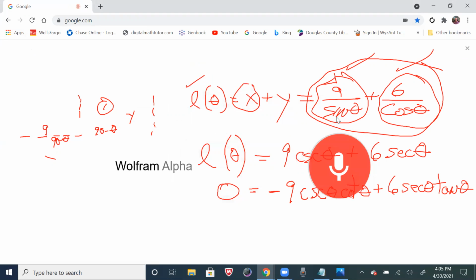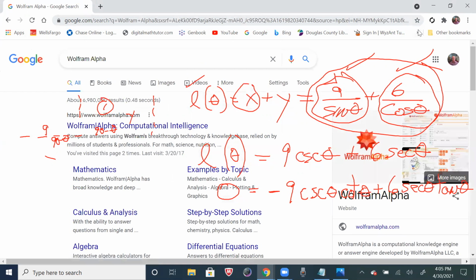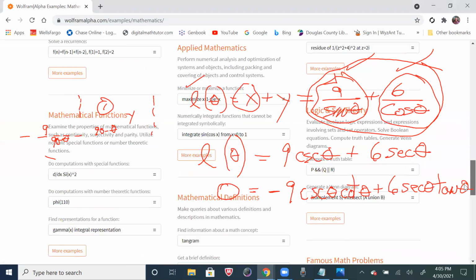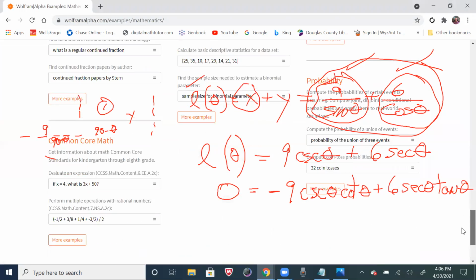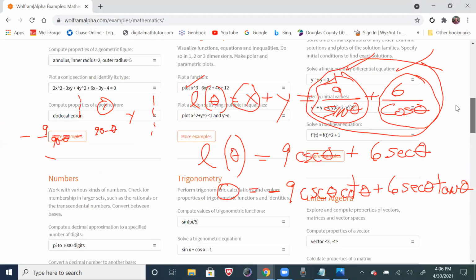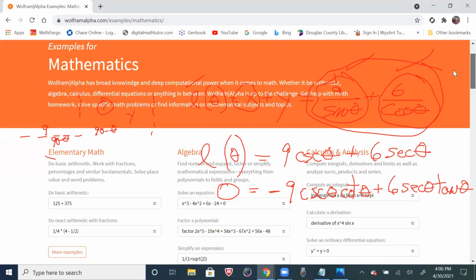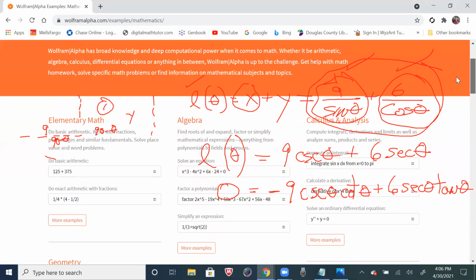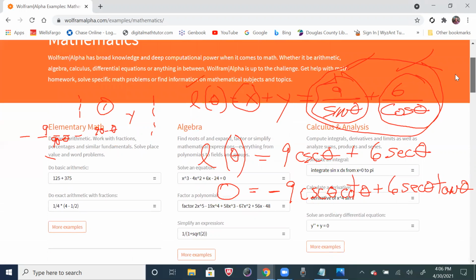Wolfram Alpha. I have to save this because I don't have this one stored on my computer. Usually it takes me straight to where I can input a function. Huh, we've changed this a little bit. Calculate a derivative, we don't really want to do that. Simplify an expression.